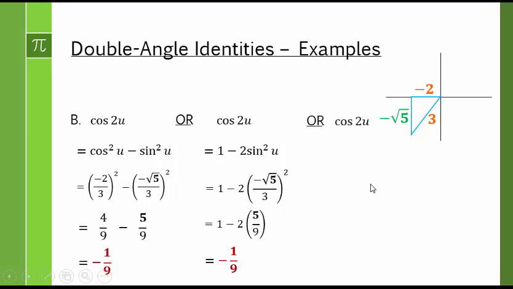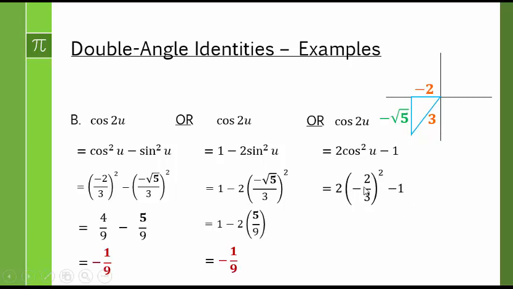But will that statement be true for the third double angle identity of cosine? We have 2 cosine squared u minus 1. So again, we look at the identity and we need a cosine value, so we go to our triangle to find the negative 2/3. So 2 times negative 2/3 squared minus 1.